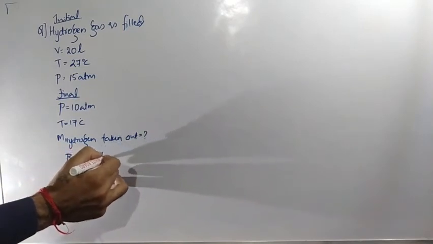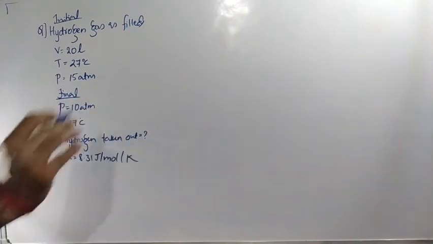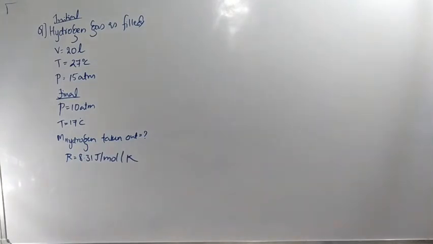So how to calculate this question now? First of all, just watch carefully. They are talking about volume. Initially hydrogen gas is filled and it is taking up a volume of how many liters? 20 liters. And for that they had given the T value as well as the P value.